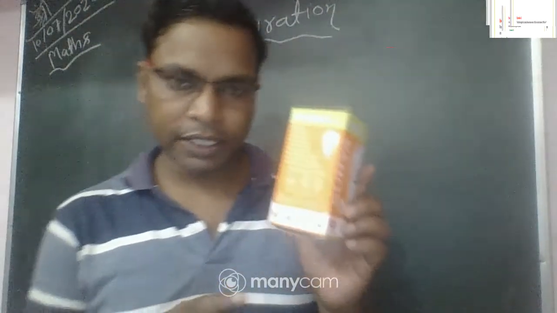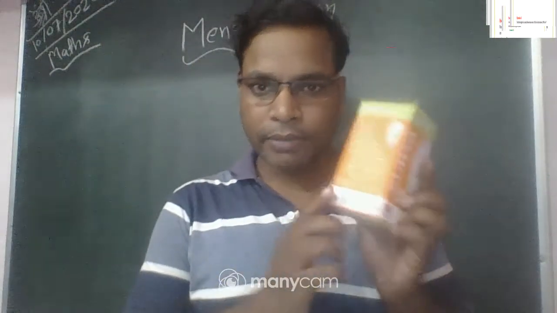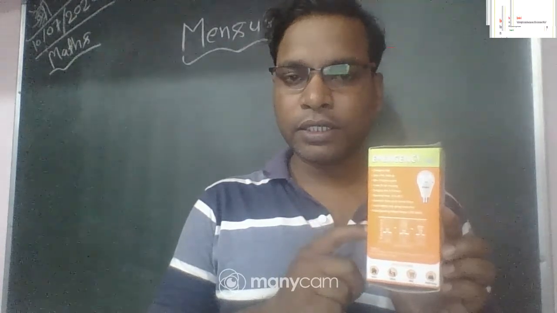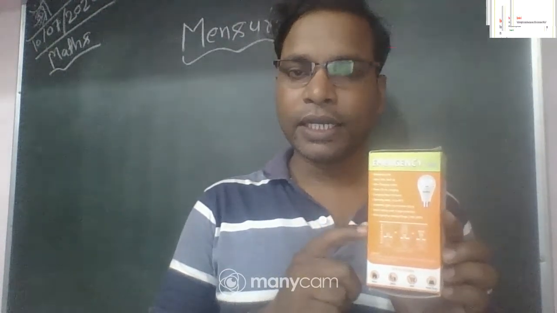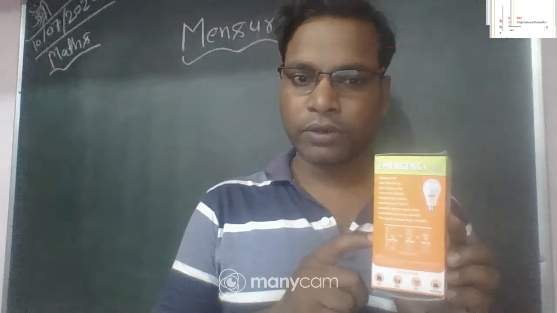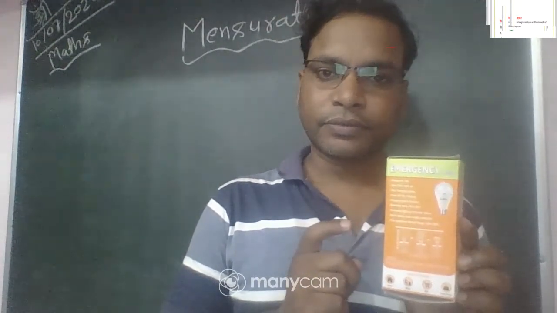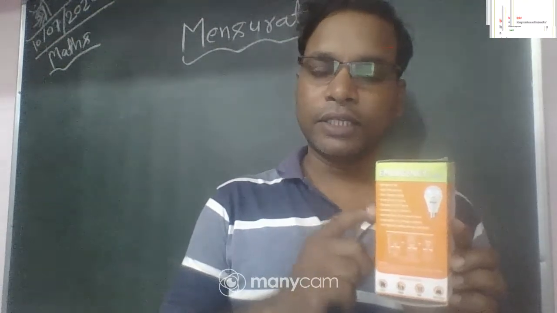So you can see this is a cuboid which has length, breadth and height. What is the volume of this cuboid? Length into breadth into height is the volume of this cuboid. Let's see how we find the height of this cuboid.